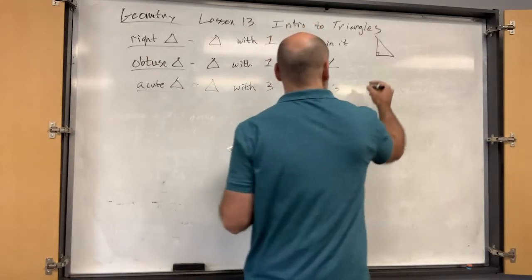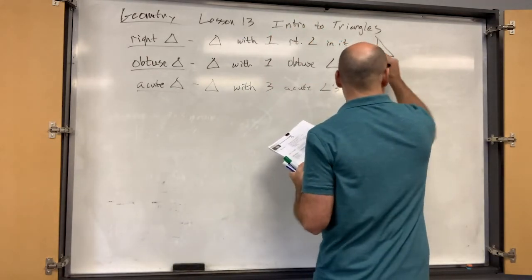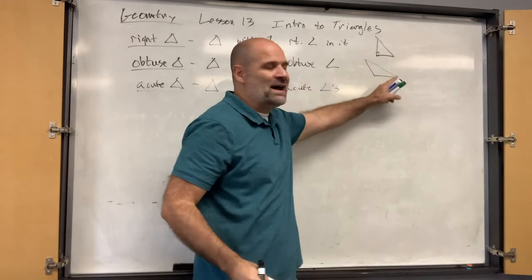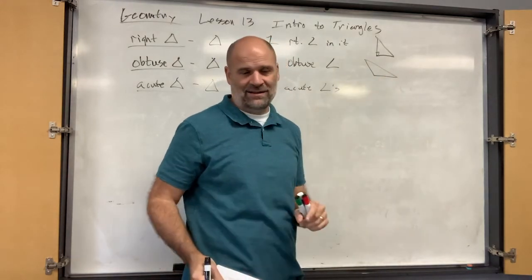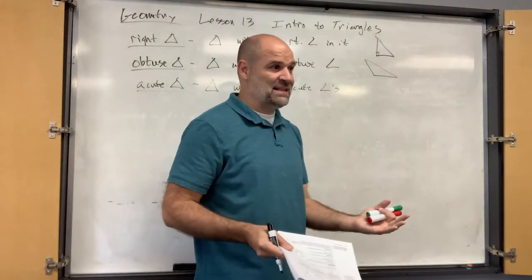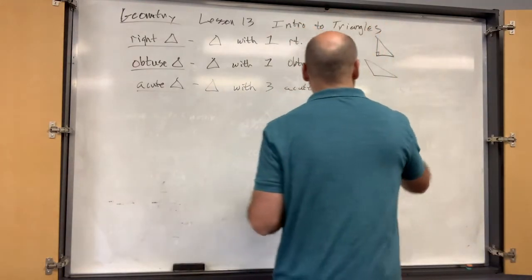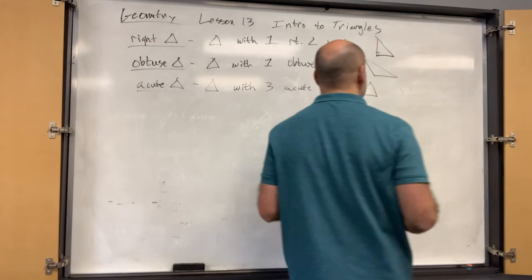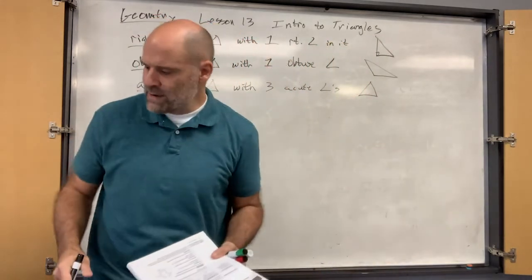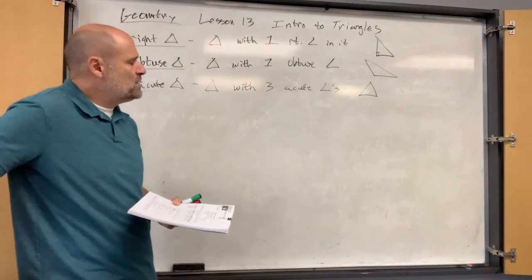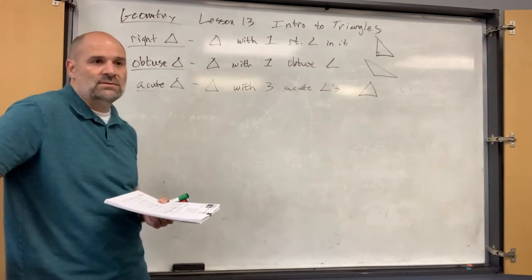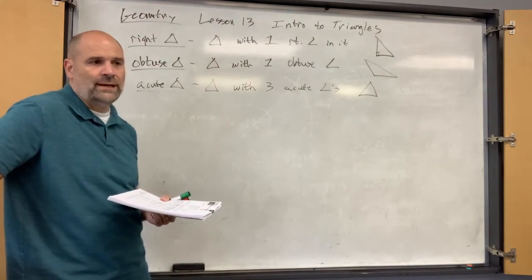Obtuse, well, that's more than 90, so these two have to add up to less than 90. If the sum is less than 90, the individual angles have to be less than 90. But in an acute triangle, that's the only way you can have three acute angles. Okay?